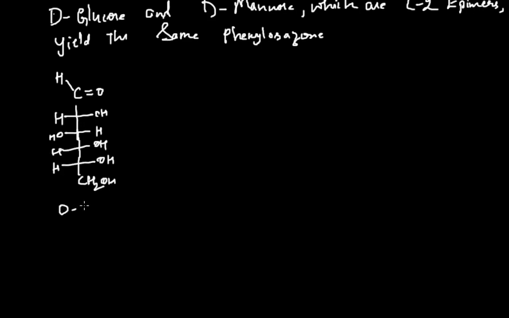So you have your D glucose. Now you have your D mannose, which is your C2 epimer, meaning that the configuration is changed only at the C2 carbon but remains the same throughout.